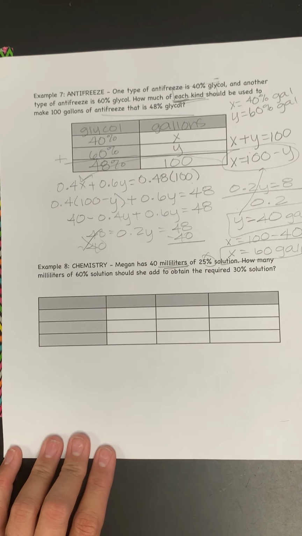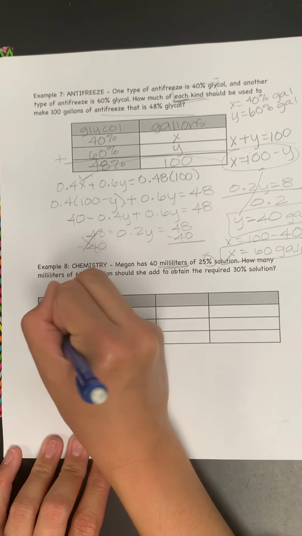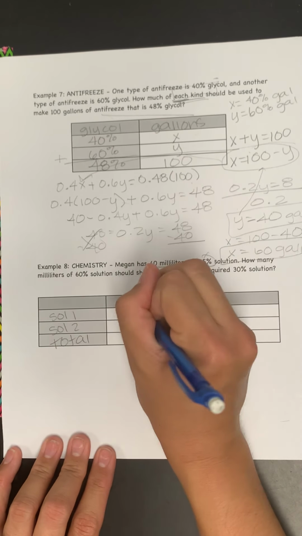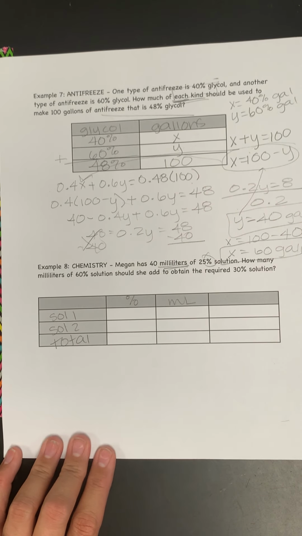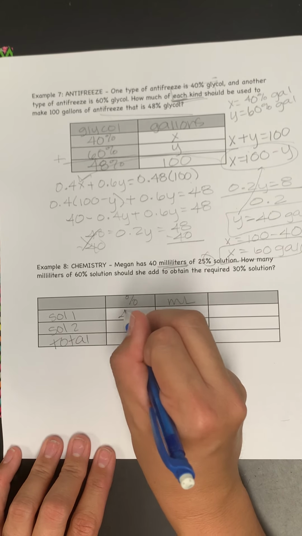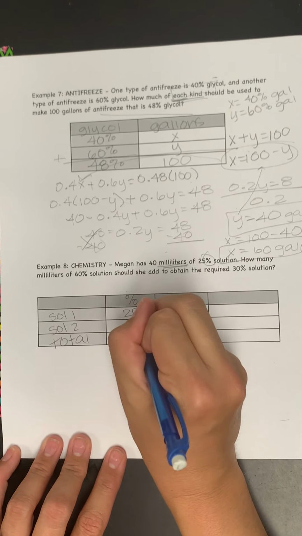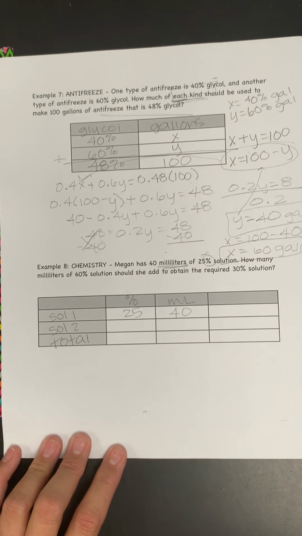I'm gonna just put solution 1, solution 2, and then total. And I know that I'm working with percents and I'm also working with milliliters. So the first one is I have 40, oops, got them mixed up, 25%, 40 milliliters of the 25%.